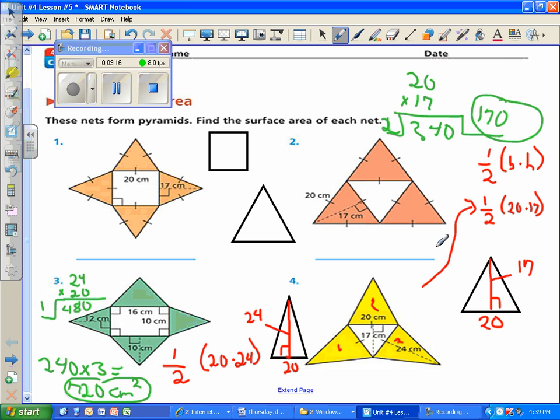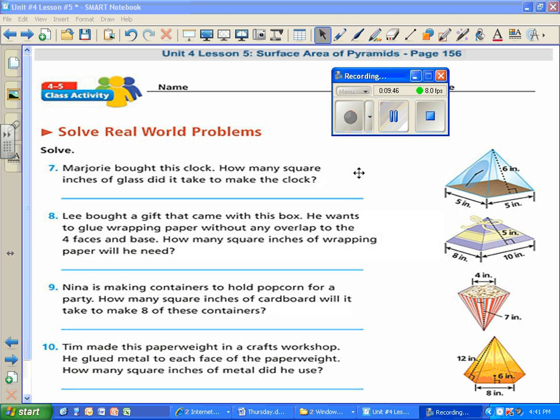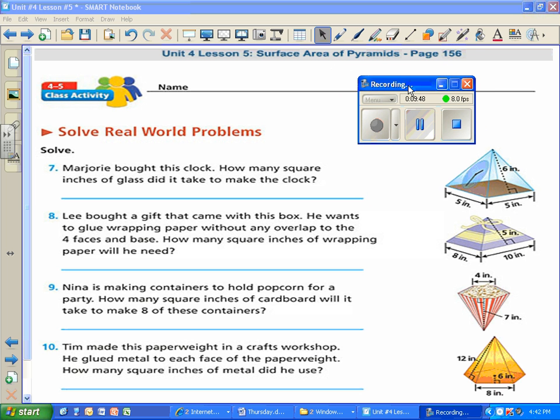And that's going to be, again, centimeters squared, plus the 720. Let's just write it right here. 720 plus 170 will get you 890 centimeters squared.